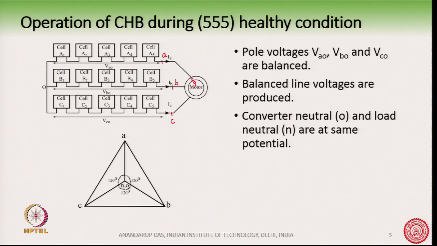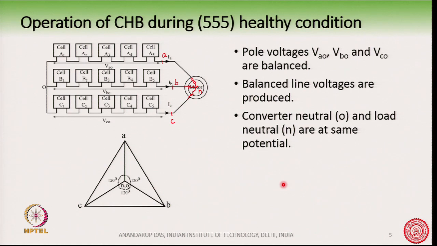If the motor is star connected, there is a neutral point here. So, the AO, BO and CO voltages are equal in magnitude and they are 120 degrees phase apart. So, the line voltages AB, BC and CA are equal and 120 degrees apart in time, and so we get an equilateral triangle because it is a balanced system.